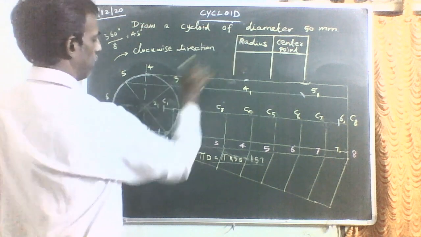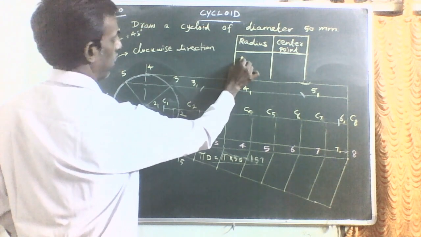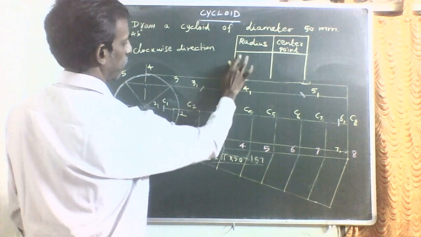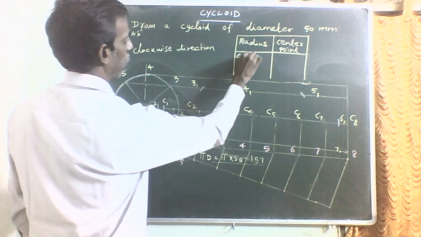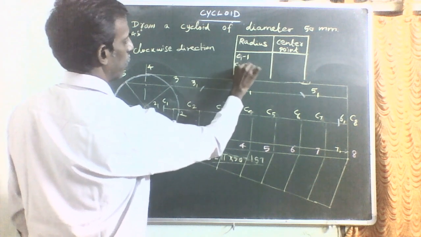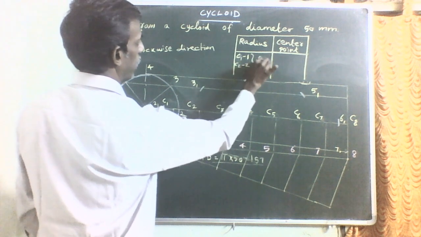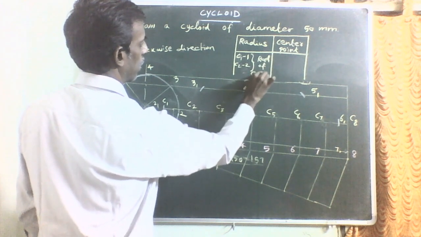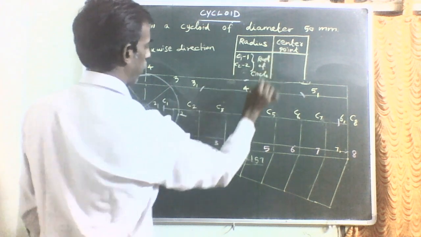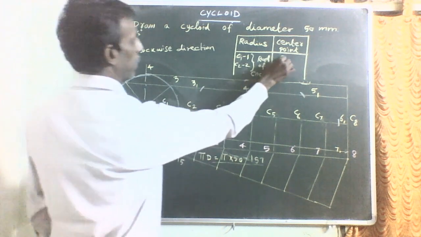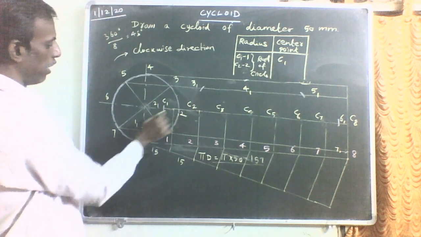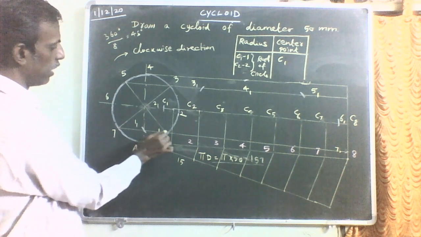Now the radius will be equal to radius of the circle. That is C1 1, C2 2, everything will be equal to radius of the circle. Center point will be C1. When you take the center point C1, draw the arc on the horizontal line passing through 1.